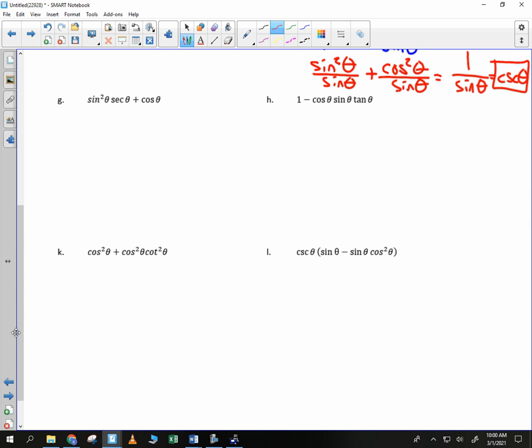G is going to follow very, very similar. That first one usually sits in your brain, but you don't fully understand it. Watch what happens in this situation. Sine squared over 1 times 1 over cosine plus cosine over 1.